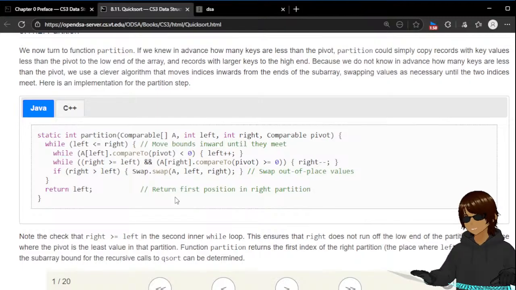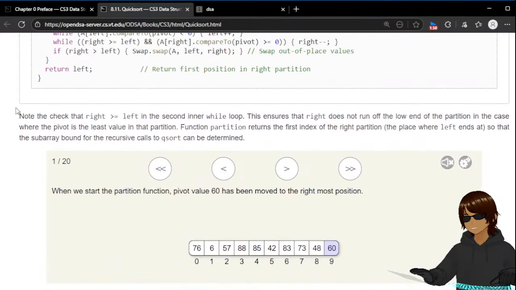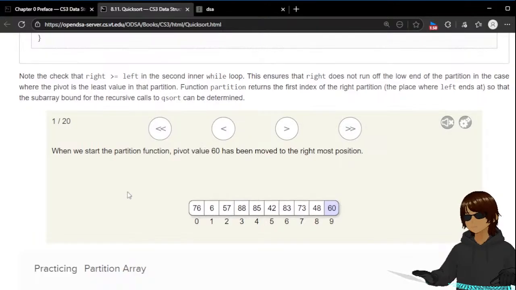Swap out of place values. Return the first position in the right partition. Note the check that right is more than or equal to left in the second inner while loop. This ensures the right does not run off the low end of the partition in the case where the pivot is the least value in that partition. Yeah, I don't understand it very well right now, but I guess they will use examples.